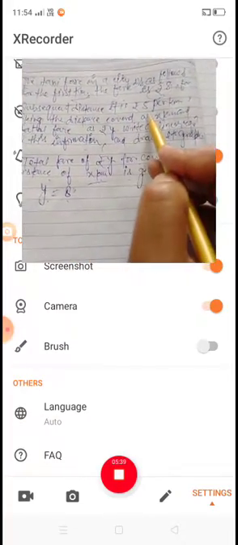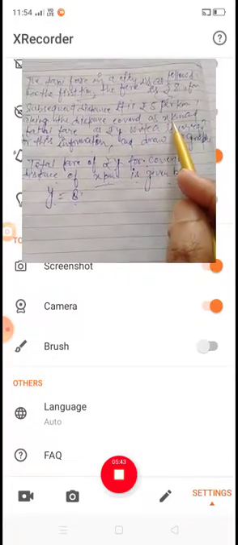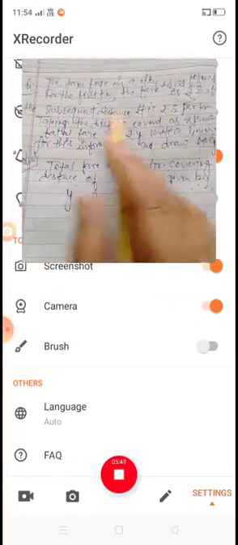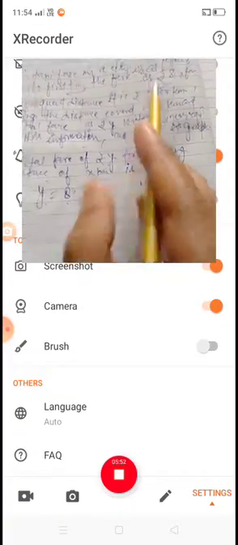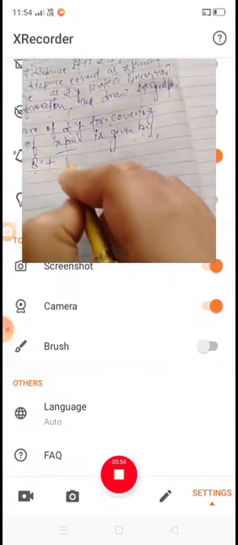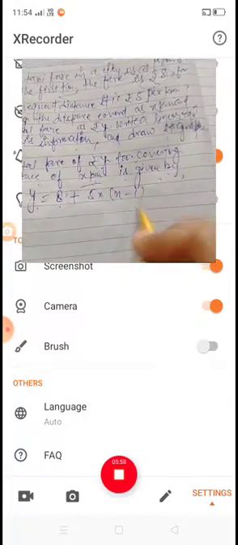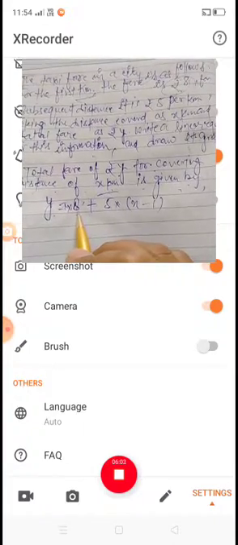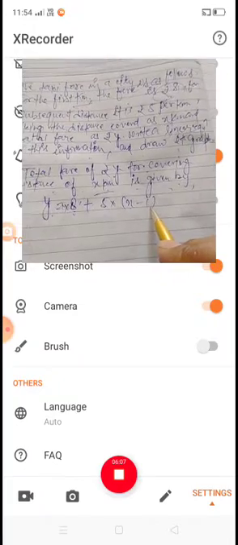The remaining distance is x minus 1, because for the first kilometer, 1 into 8 is rupees 8.